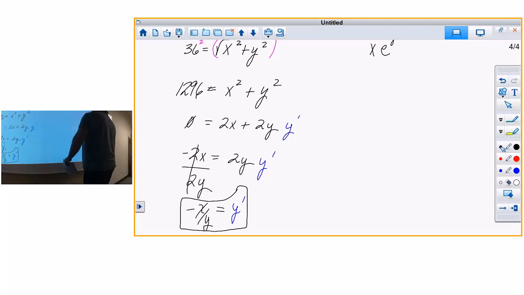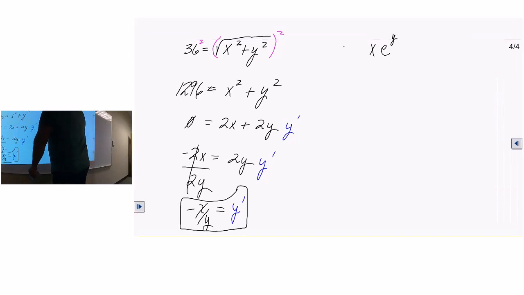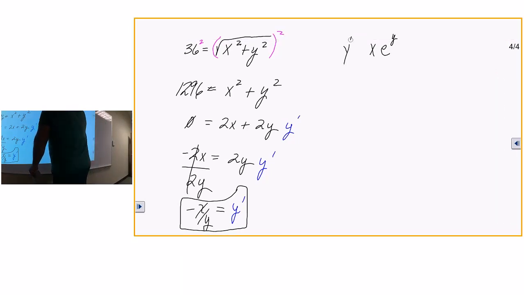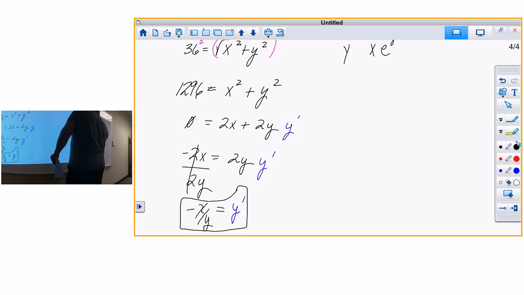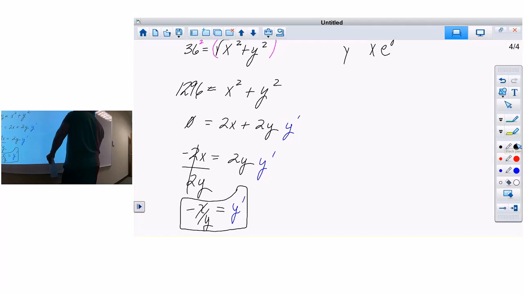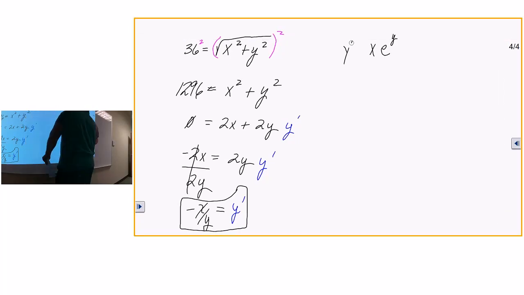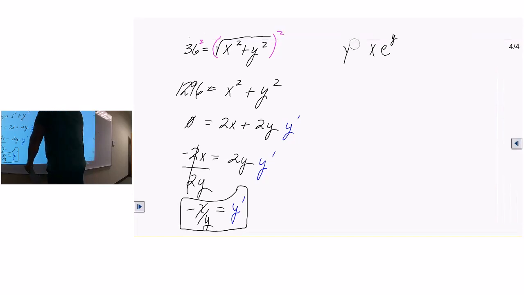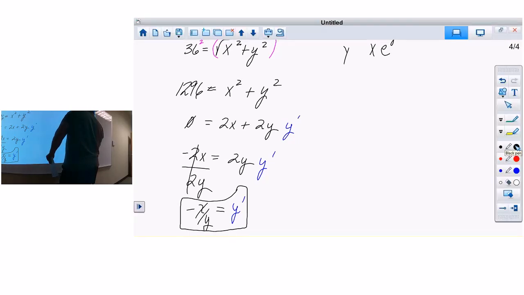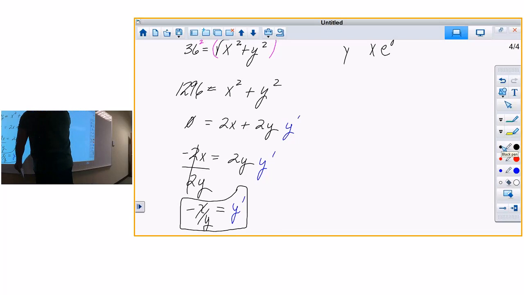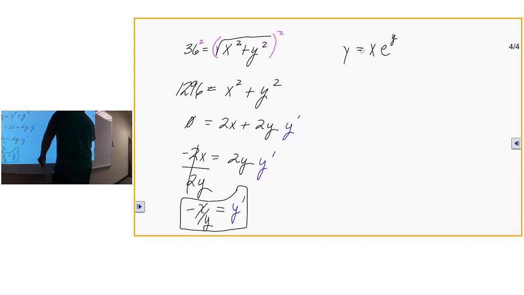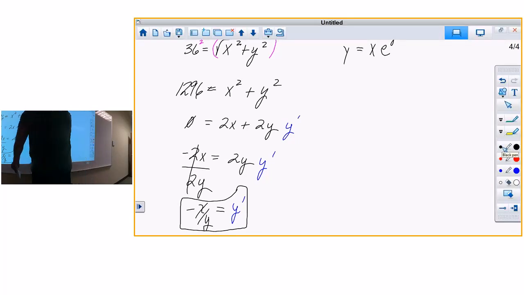No, it says leave it at that. I wrote it down right. Because if you take the derivative of y, you're going to get 1 times y prime. So y is equal to that, and now I'm going to take the derivative of y.